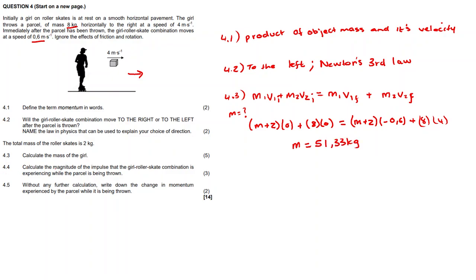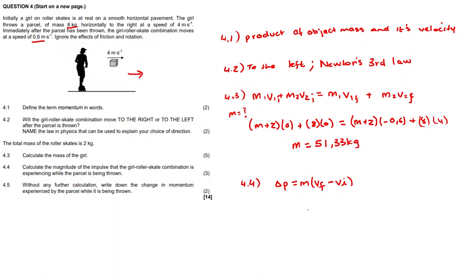Question 4.4. Calculate the magnitude of the impulse that the girl roller skate combination is experiencing while the parcel is being thrown. Impulse, as we know, written as delta P, the change in momentum, is equal to m(Vf minus Vi). That's the formula.